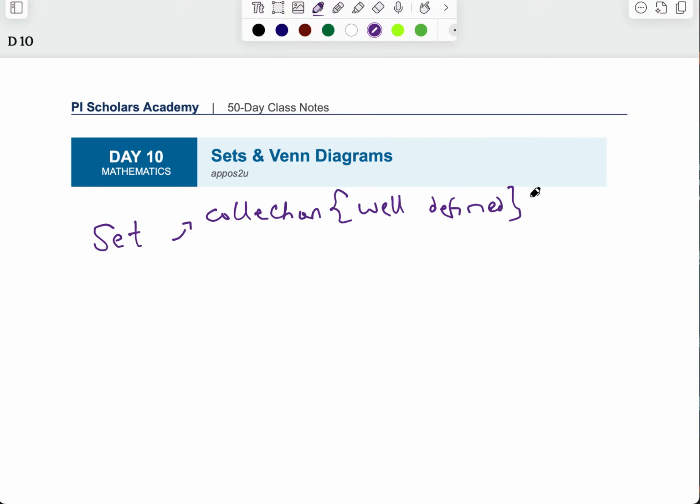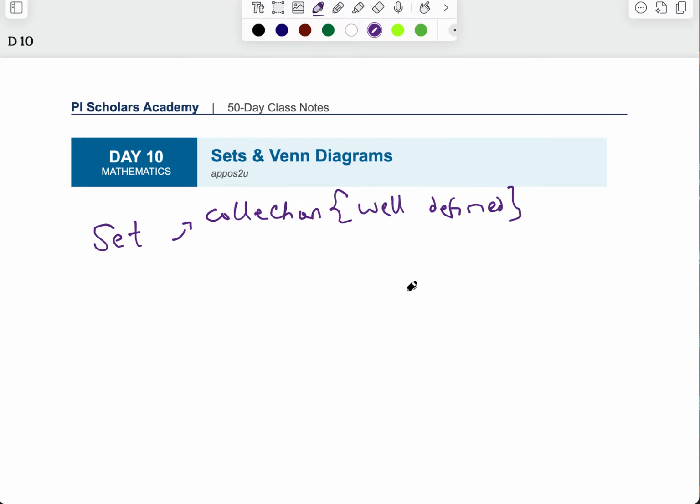It is well defined such that it cannot be ambiguous, such that if you say this is a set of so and so, you should already know what you will find in that set. Then you shouldn't be saying that this belongs to the set, whereas this does not belong to the set.